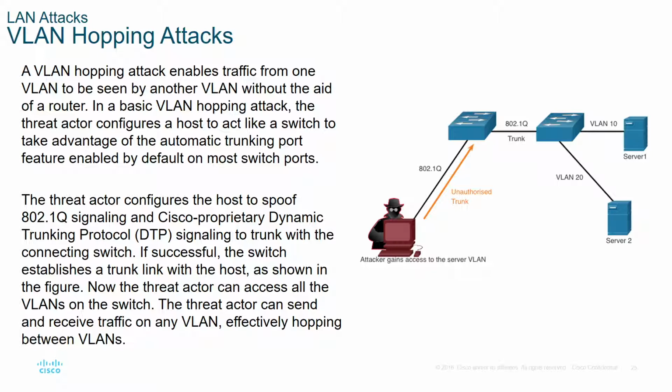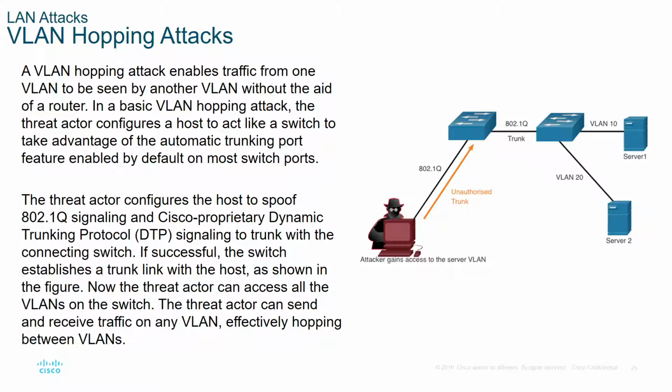In a basic VLAN hopping attack, the threat actor configures a host to act like a switch to take advantage of the automatic trunking port feature enabled by default on most switch ports. The threat actor configures the host to spoof 802.1Q signaling and Cisco proprietary Dynamic Trunking Protocol, DTP, signaling to trunk with the connecting switch.